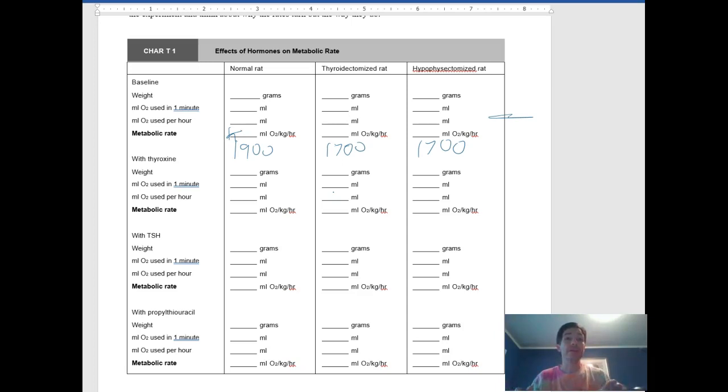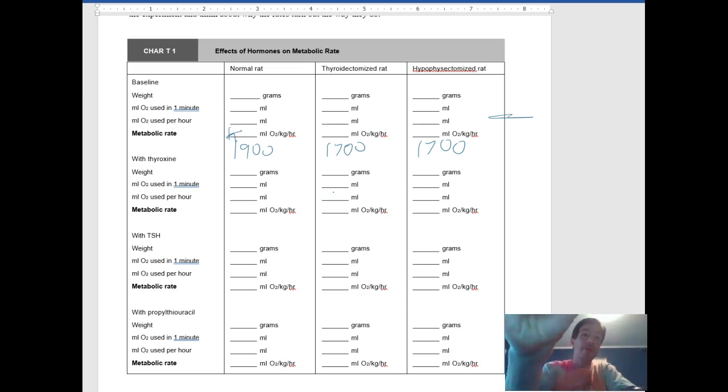Then for the rest of the table, all you want to know is if the injection is raising, lowering, or not changing the metabolic rate in the rat. So now we're comparing all of the rats below to themselves in their own baseline reading. So if we inject a normal rat with thyroxine, what can we expect to happen to its metabolic rate?